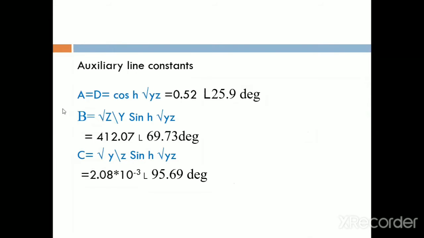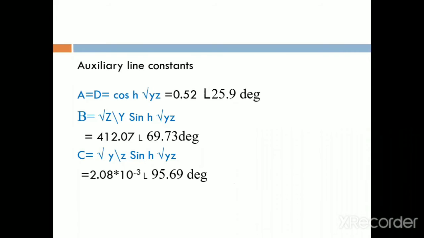Then we calculate the C value, that is root of y by z sinh root of yz. These are the auxiliary line constants for the real angle method.